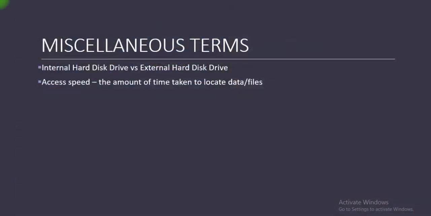Access speed is really referring to how much time it takes the drive to locate data or files that are stored on it. And then we have data transfer rate, and this is really important. The data transfer rate is how much time it takes to transfer data.